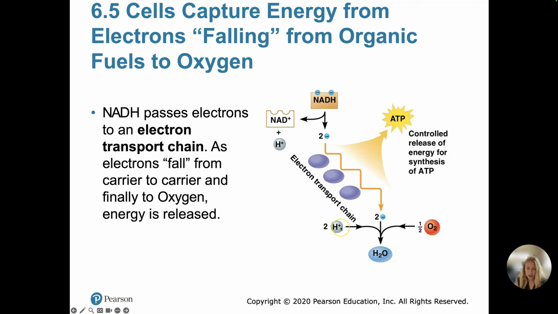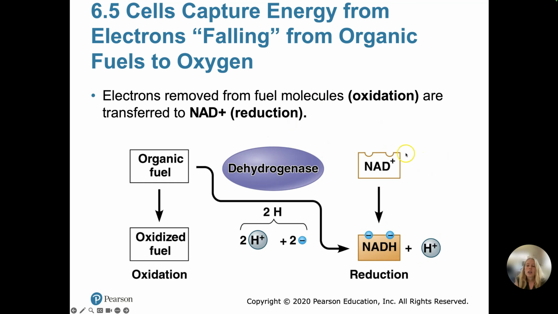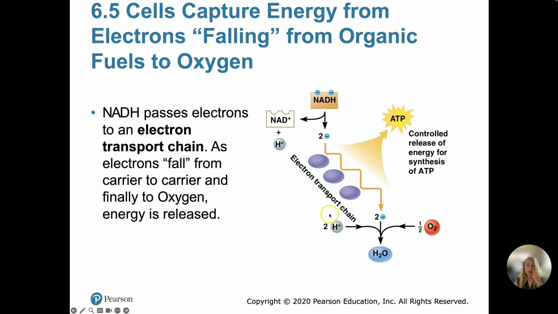Notice these 2 H+ ions, we have had several instances already. Right here's one where a free hydrogen ion has been released into the cell. So it could come from that. It could come from, I'm going to go back a slide, NAD+ being reduced to NADH. That also gave off a hydrogen ion. Any of those could supply these hydrogen ions that combine with the 2 electrons and the O to form H2O.